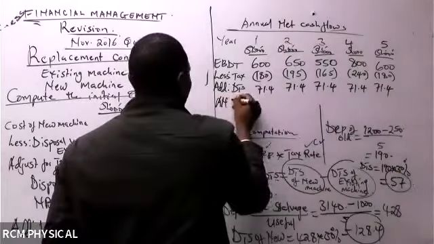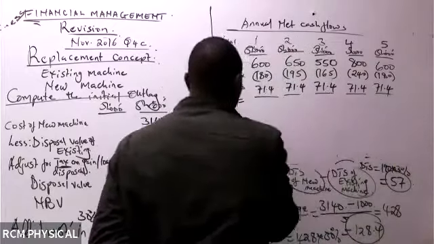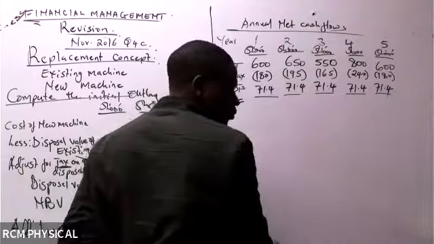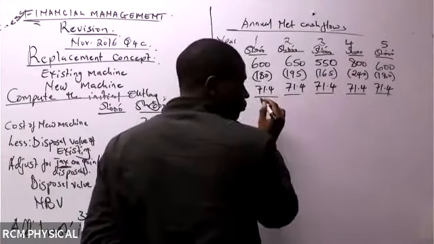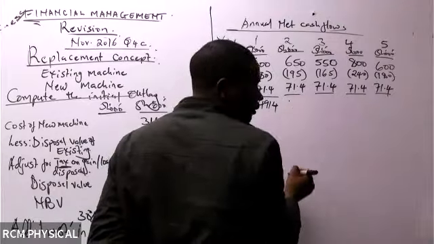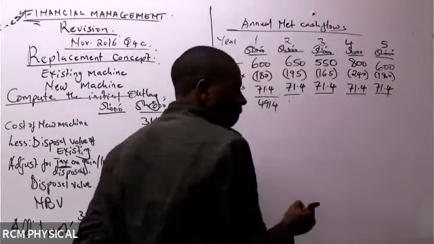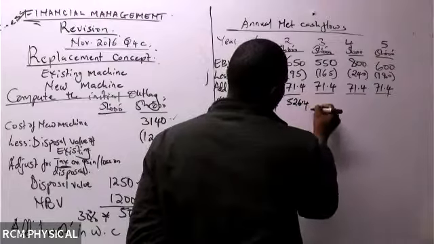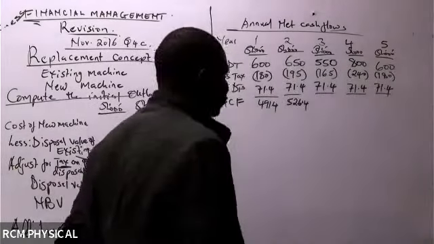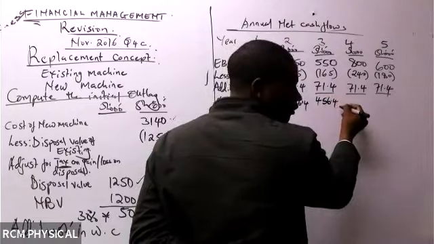And we get our annual net cash flow. Annual net cash flow, year one: 491.4. Year two. Year three: 456.4.